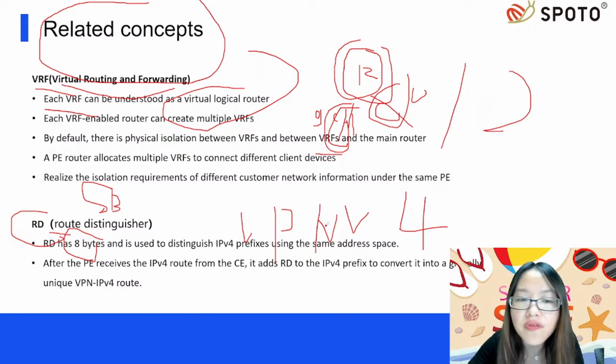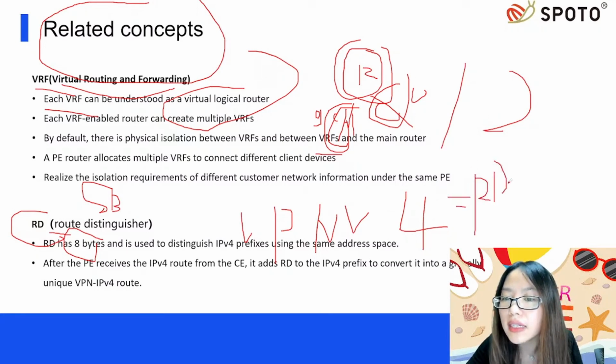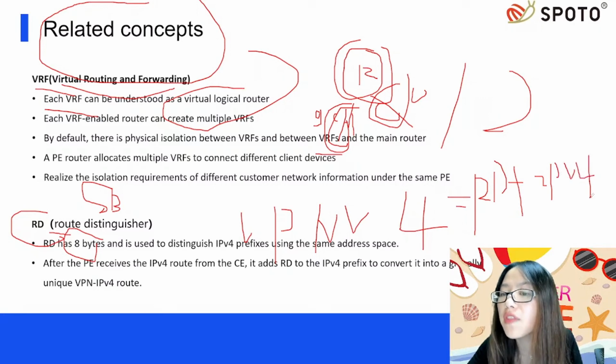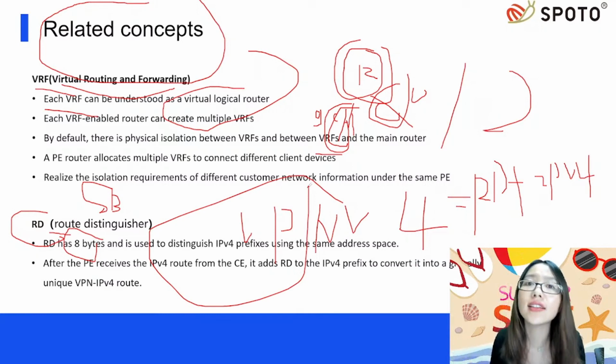So VPN-v4 is the combination of RD and 32-bit IPv4.